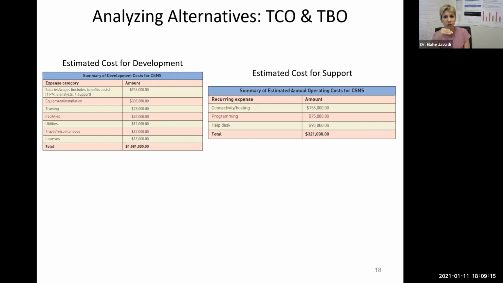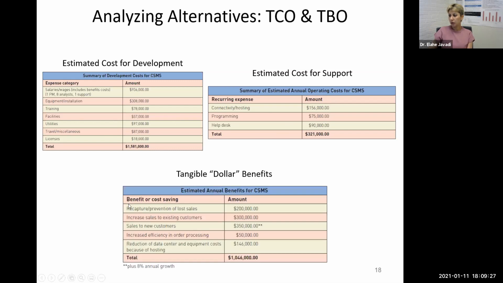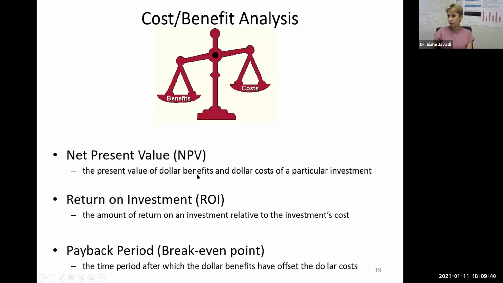You are going to do those options, what we call alternatives, and you're going to do cost benefit analysis of those alternatives. Look at their development costs, look at their support costs, and look at their benefits and estimate return on investment, cash flow, and break-even points. So you're going to put together those numbers.